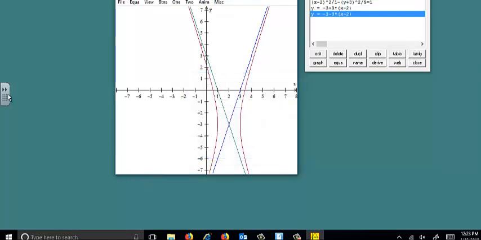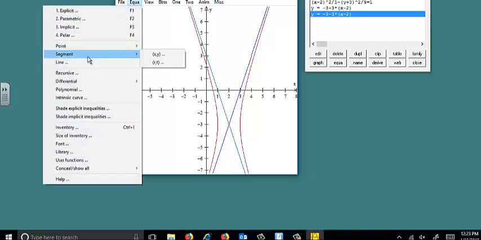There you go. What I could also do is draw the box. So you can see how these functions, the red function, which is the hyperbola, approach the blue lines, which are the asymptotes.